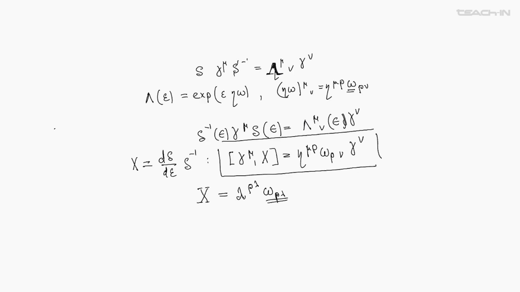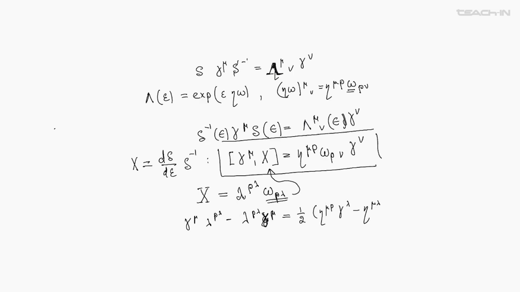So substituting this into this formula, we obtain an equation of the following form: gamma mu lambda rho, with indices rho lambda, minus lambda rho lambda omega gamma mu equals 1/2 eta mu rho gamma lambda minus eta mu lambda gamma rho.